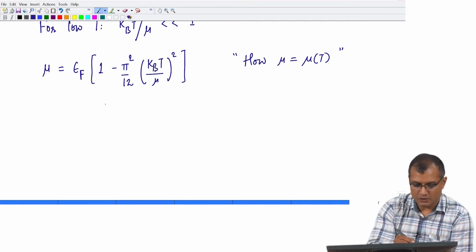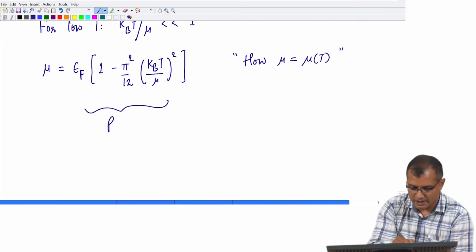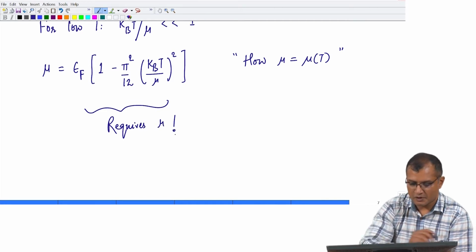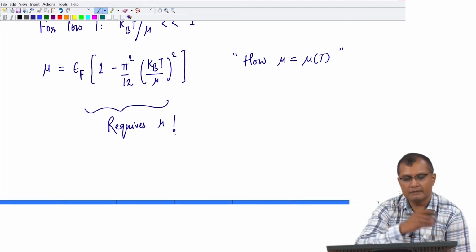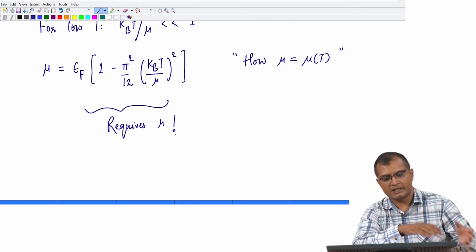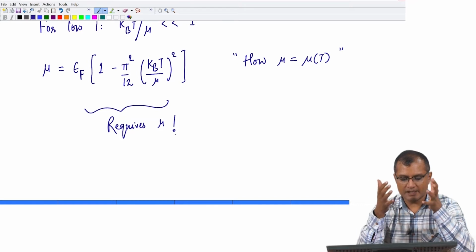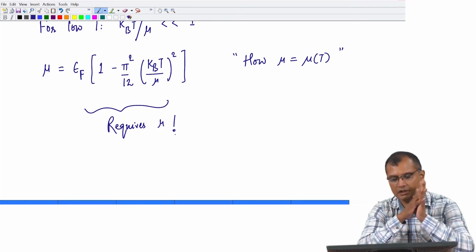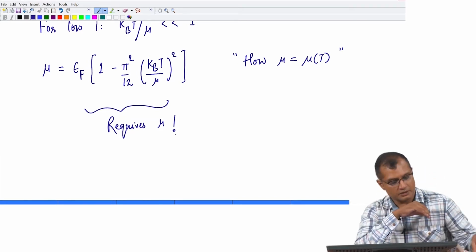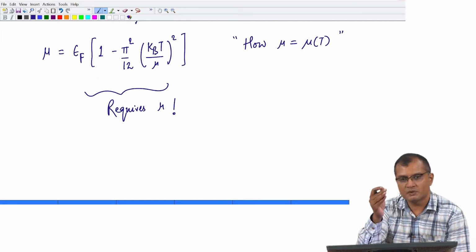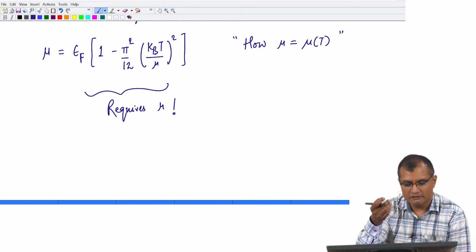So how do I circumvent this problem? I am going to find out mu, but that requires me to compute mu for the right hand side. So we can at least use the series, in the sense that when mu is very close to the Fermi energy, then to lowest order we can tell how mu will vary.